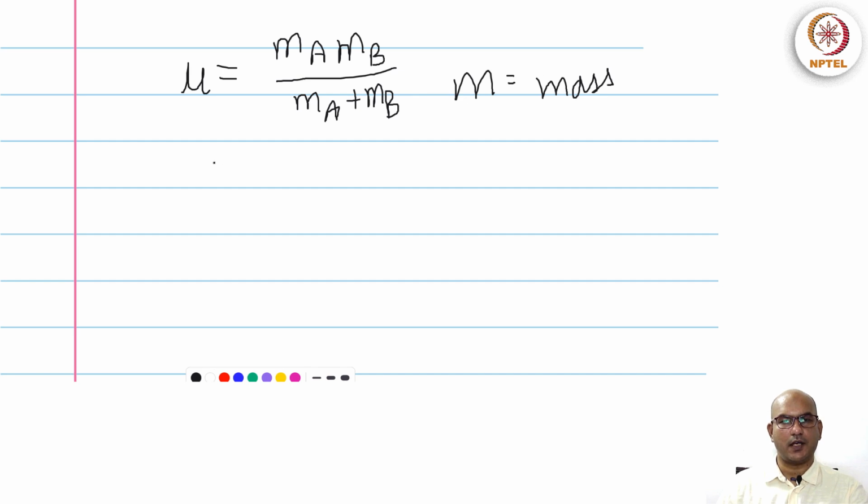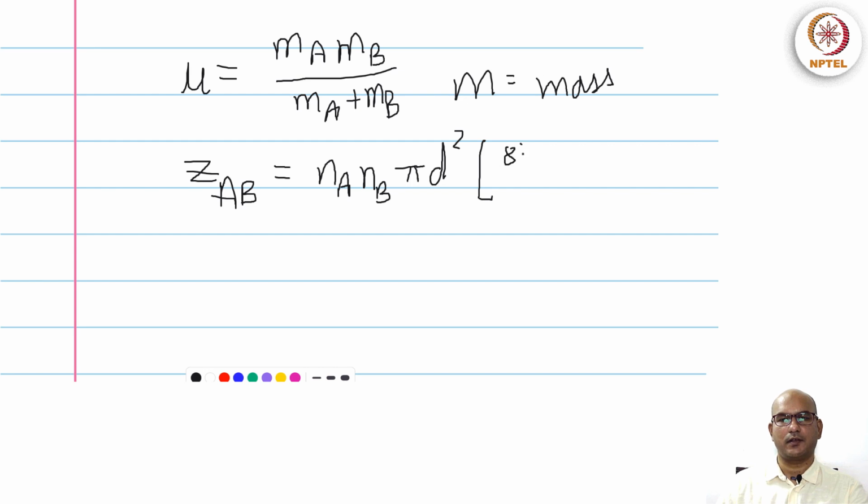So now we will have the overall number of collisions between A and B as NA NB pi d square and then V bar.